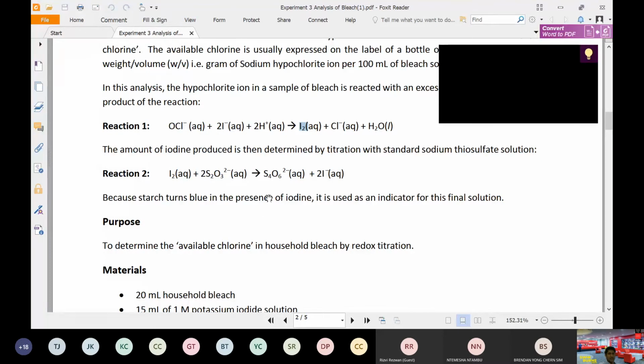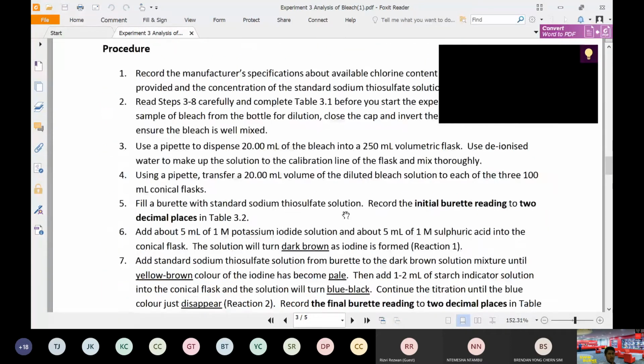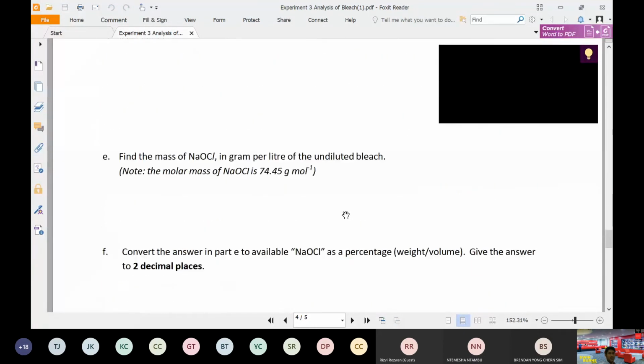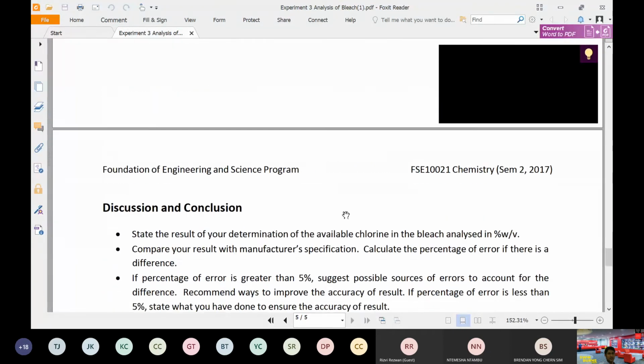At that moment, when it looks almost clear, then we should add the starch, and that starch at the end point only will change the color to blue. So starch is added here as a chemical indicator.